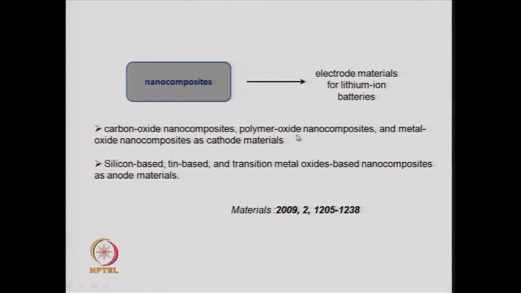or a polymer mixed with metal oxide nanoparticles will also give you nanocomposites. And you can have metal particles like copper nanoparticles, cobalt nanoparticles, nickel nanoparticles mixed with metal oxide nanoparticles.